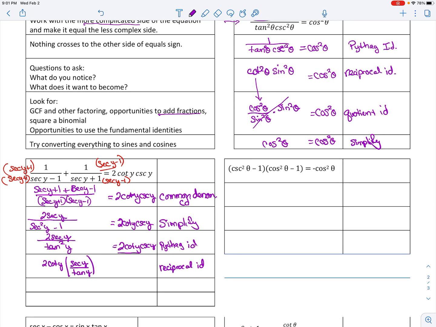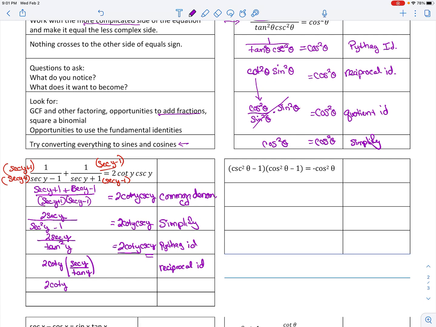So what can we do now to make secant of y over tangent of y become the cosecant of y that we're trying to achieve? Well, remember that statement that said, hey, if everything else fails, maybe try converting everything to sines and cosines. So let's leave the 2 cotangent of y like it is. It's what it wants to become. But the secant of y is the same thing.